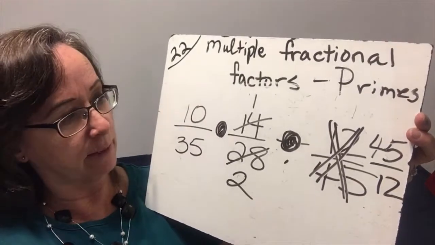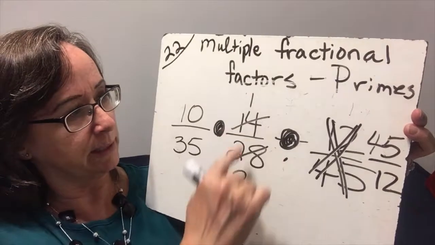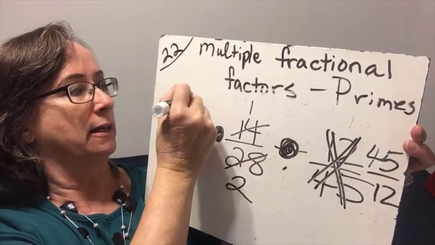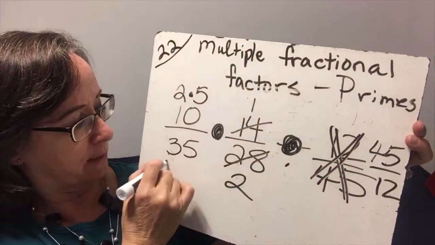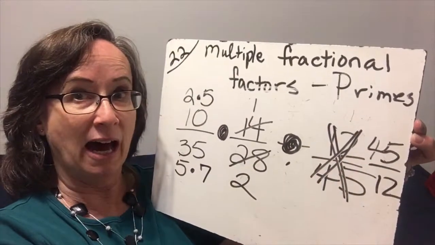Okay, now let's look at this. We've got so that we're done with that one, but let's go over here. Let's go ahead and factor by primes just to make sure you know how to do that. And then this one's going to be 5 times 7, isn't it? And then 45.